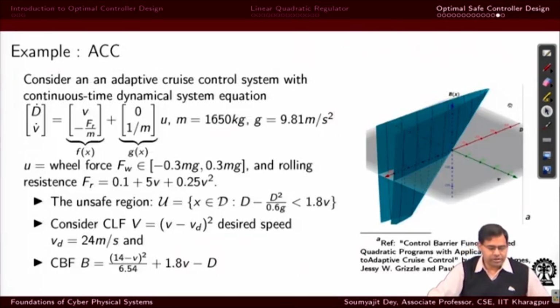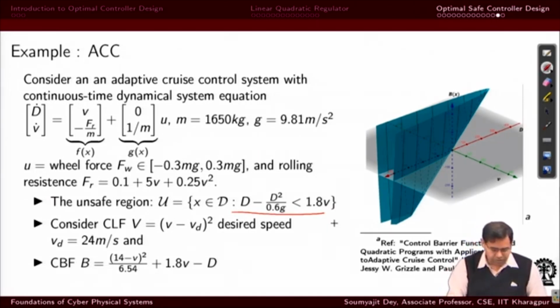So, let us take an ACC example, a cruise control example, with the usual set of equations, with the control input being the wheel force that you want to give, and the rolling resistance equation is given like this. Let us say you have an unsafe region, which is specified like this.